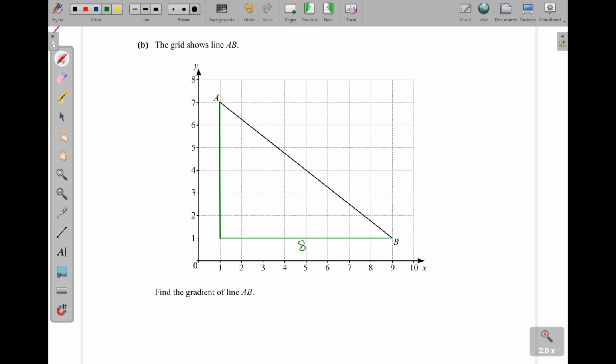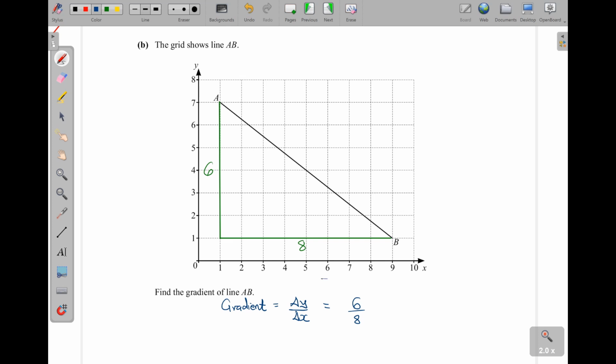And then from 1 to 7, those are 6 units. That means the gradient, which we know, is equal to the change in y over change in x. It will be, change in y is 6, change in x is 8.